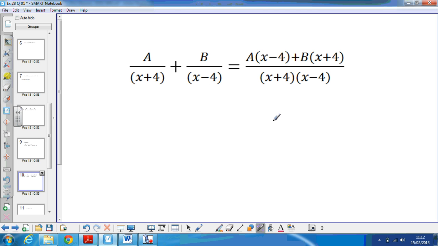If we look at it, we actually multiply a by x minus 4, so it's like cross multiplying in a way, a multiplied by x minus 4 and b is multiplied by x plus 4 to give us these two factors. So that's what the numerator will now look like. Can you remember what we do next and finish the problem from there?